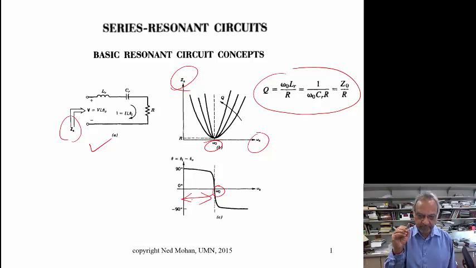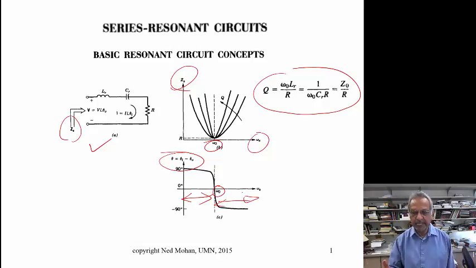the capacitive reactance is higher than the inductive reactance, and therefore this circuit looks capacitive, and therefore the current is leading the voltage. Whereas in this region, where the frequencies we're dealing with are higher than the resonant frequency, the inductive reactance dominates.